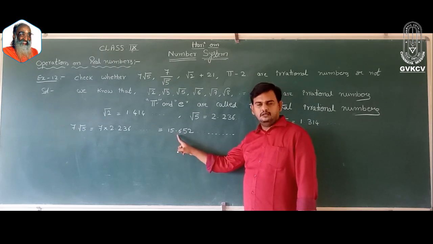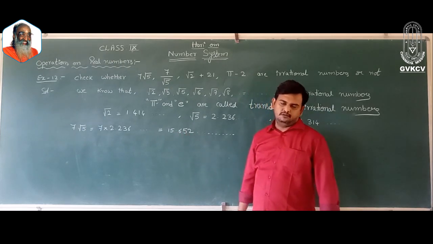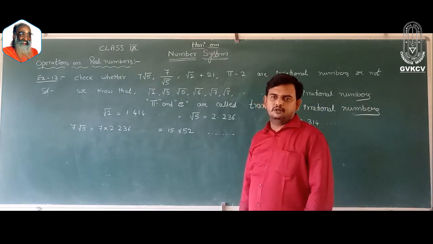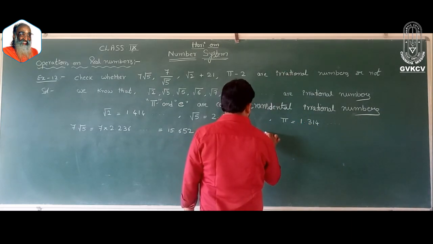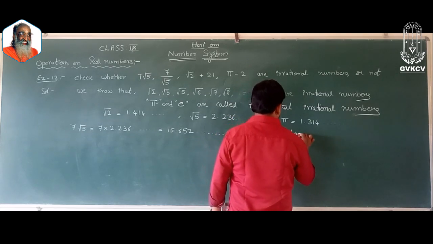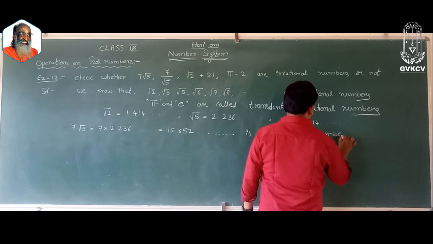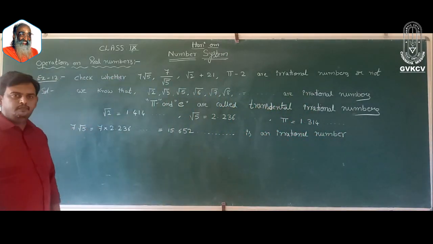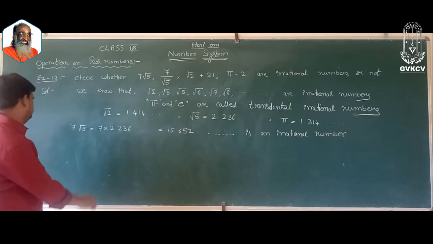So finally, it is a non-terminating and non-recurring decimal. So when it is a non-terminating and non-recurring decimal, we know that it is an irrational number.